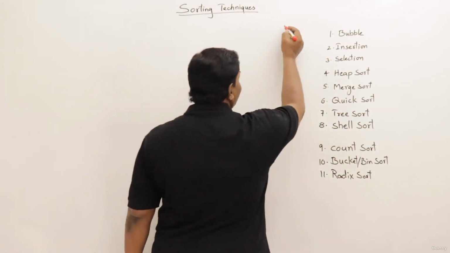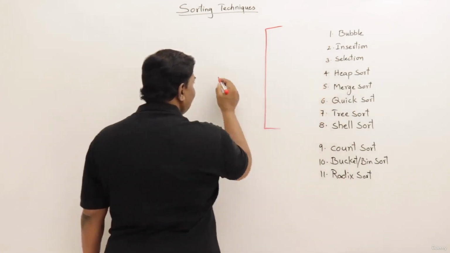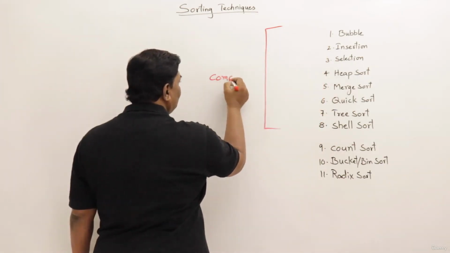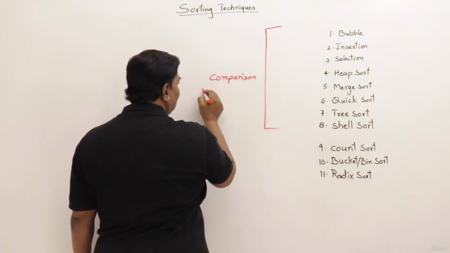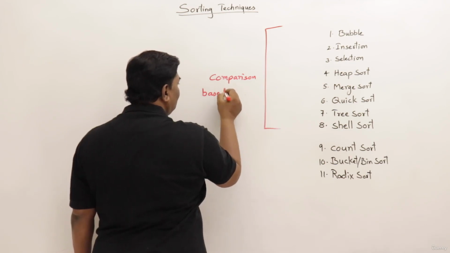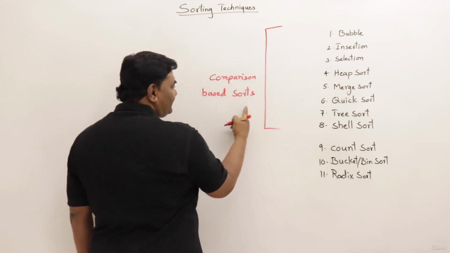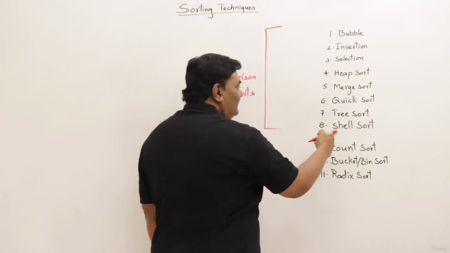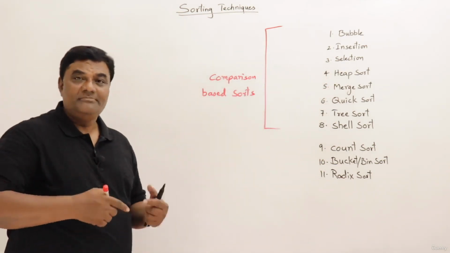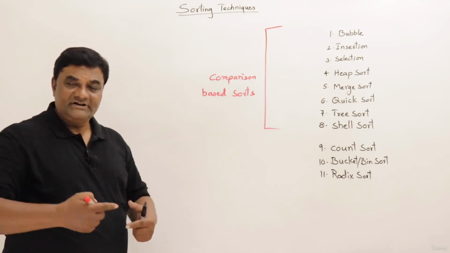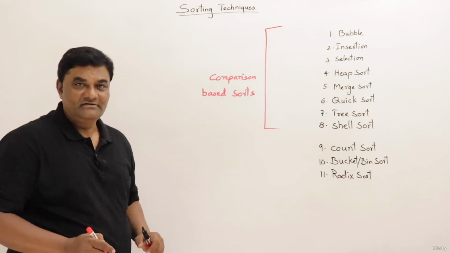All these sorting algorithms from 1 to 8 are called comparison based sorts. They sort the elements by comparing with other elements. So one element is compared with other elements and their arrangement is done.